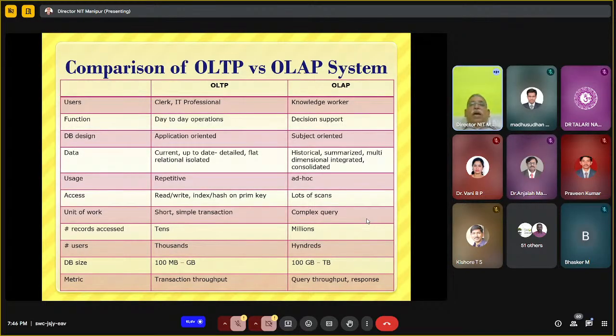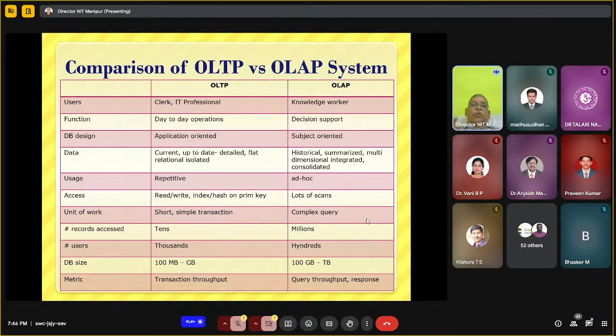So highly summarized data is used for decision-making purposes, and the queries are quite ad hoc and complex in nature. Millions of records are accessed with limited users, the size is very large, and response time must be faster, so query throughput is optimized.